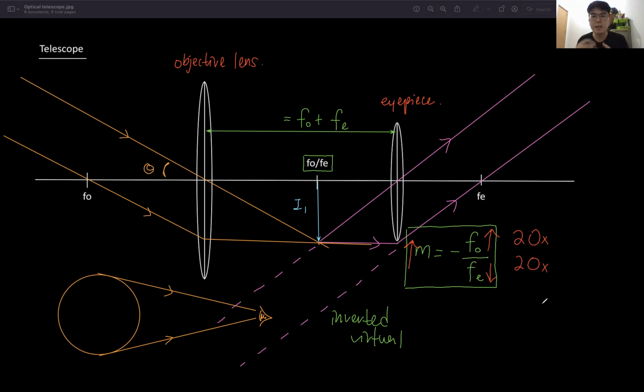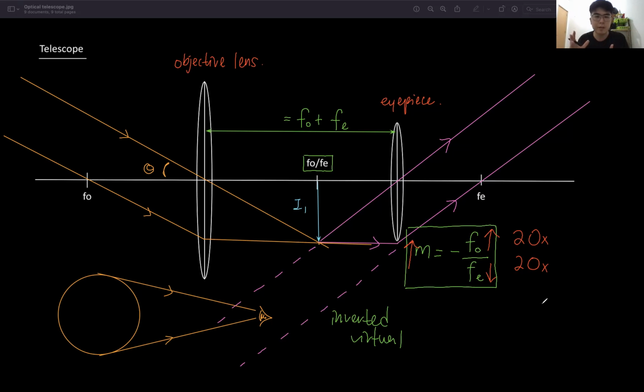What is intensity? Intensity is the amount of light, the brightness of the light. That means the more you magnify, the less clear your image is, or the dimmer your image is. Just like when you zoom in on your handphone, if you zoom too much, it becomes blurry.